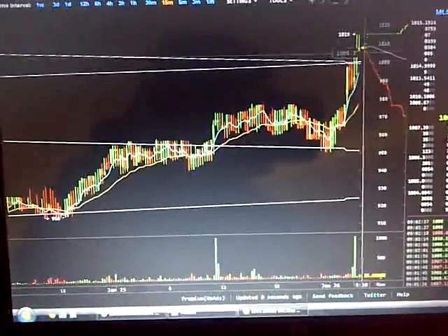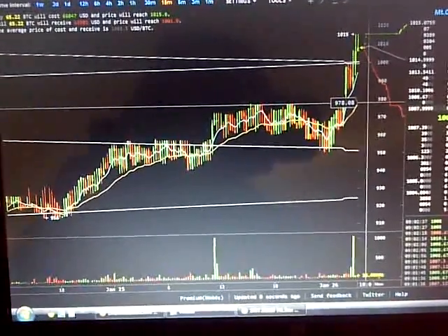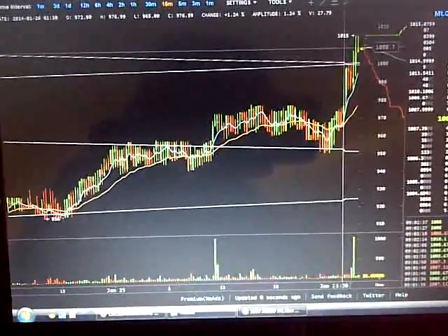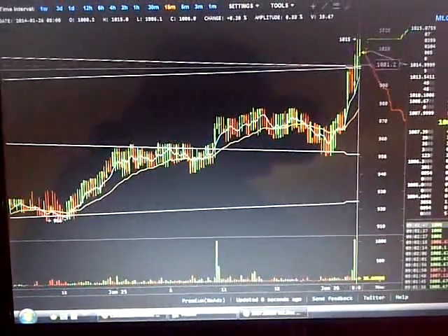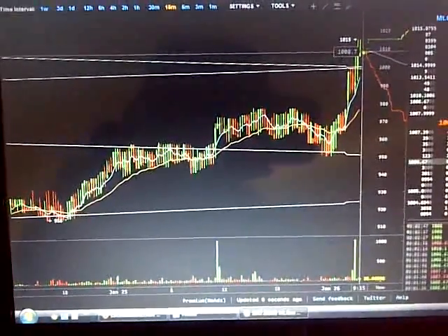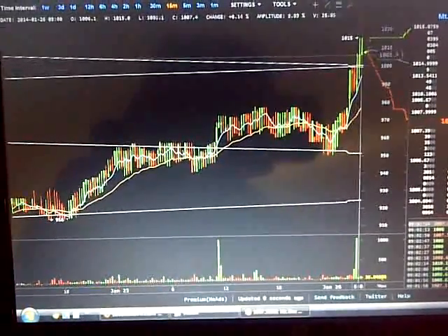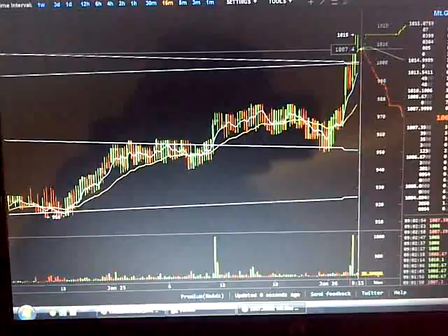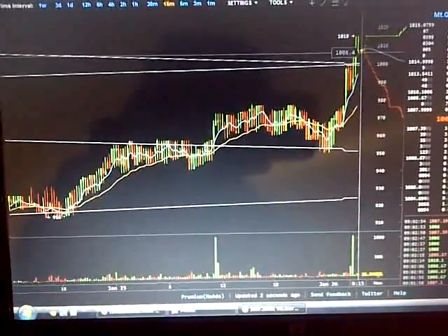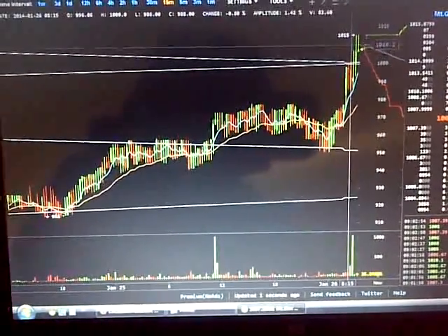If the price was down here, I'd have to wait for the price to move closer and then put in a limit order. Otherwise, I'd have to wait for the price to actually go up and make a market order.